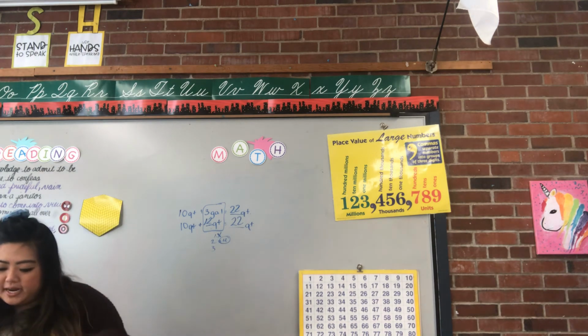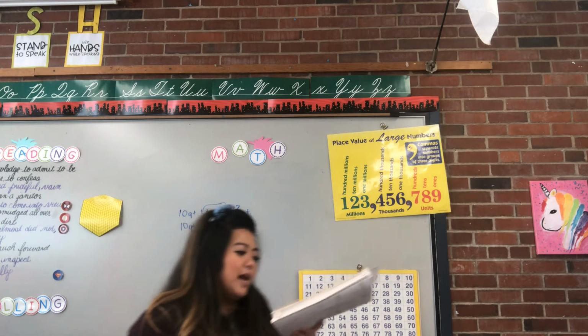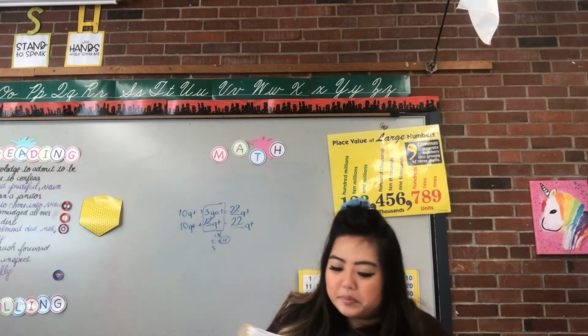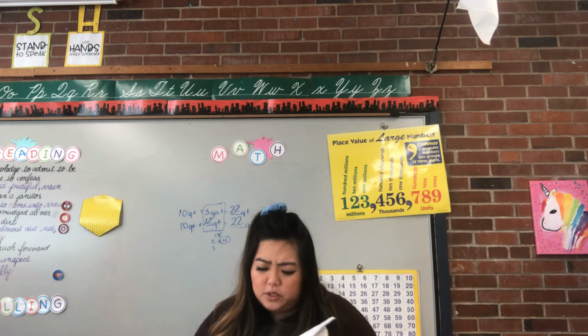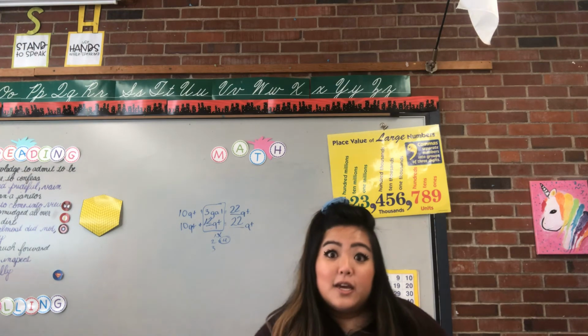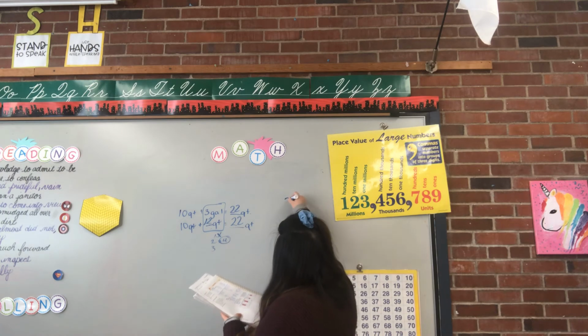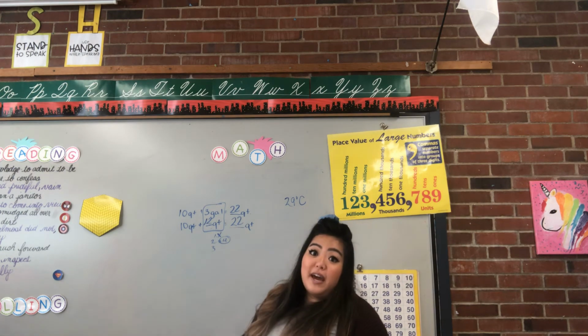Okay, so label that. Now let's look at the temperatures. Now look at the first one. We're doing Celsius. Let's count that. You ready? 20, 22, 24, 26, 28, 29. So it is 29 degrees Celsius for the first one. Did you get that? B. Oh, you don't even have to do that one.